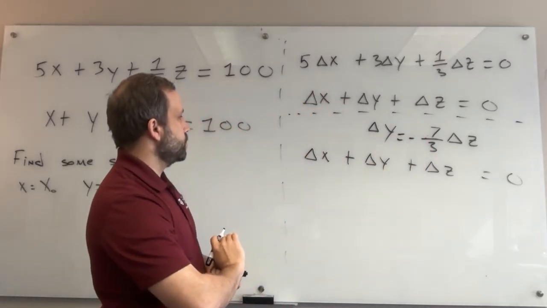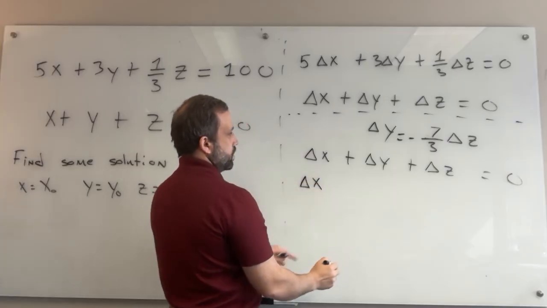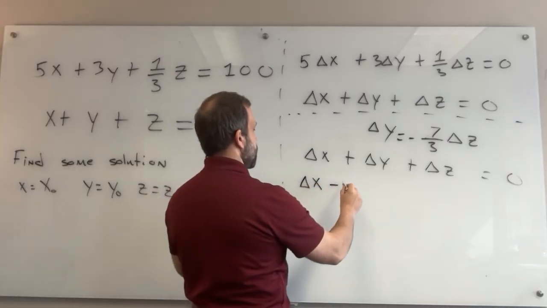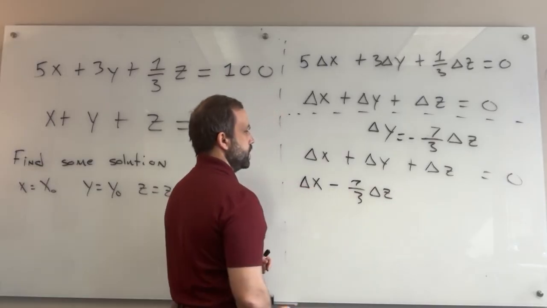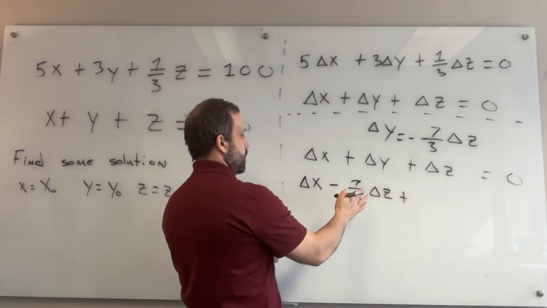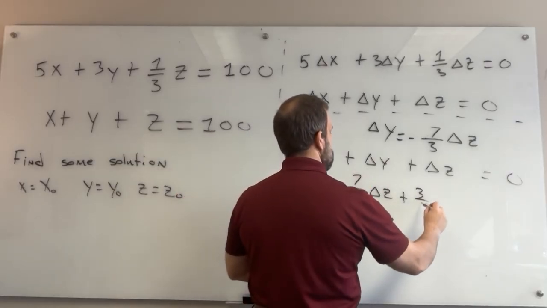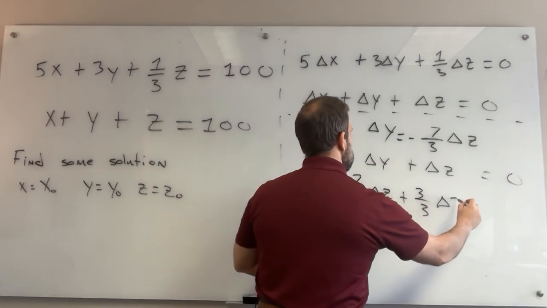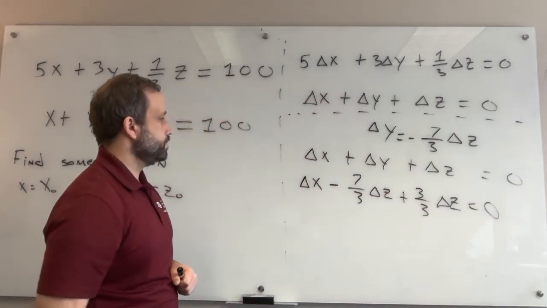Okay, and so now I can come down here and say delta x plus delta y, so that's minus 7/3 delta z, then plus, I'm going to want to get a common denominator here, so plus 3/3 delta z is equal to 0.